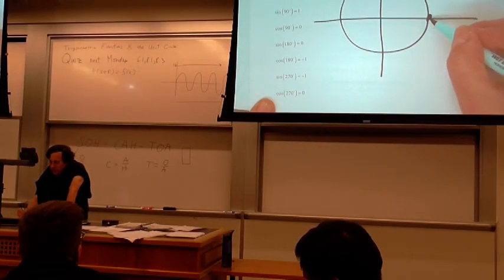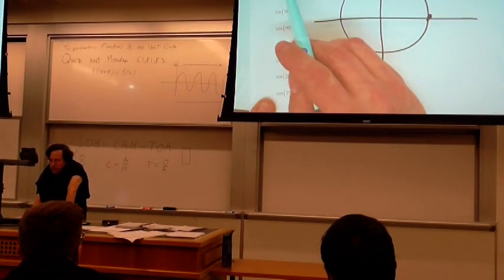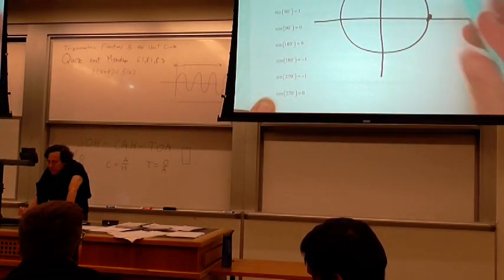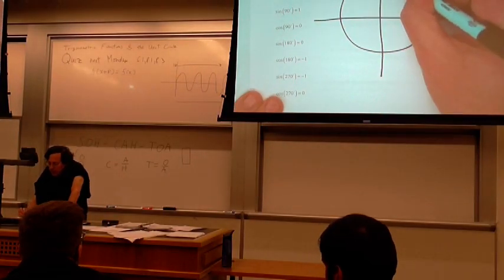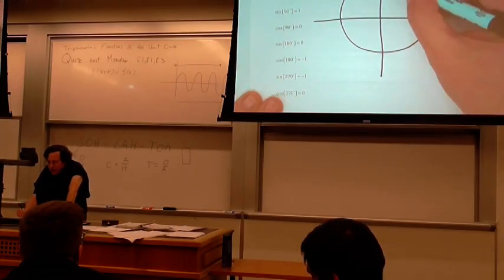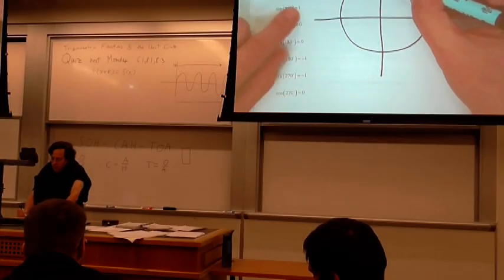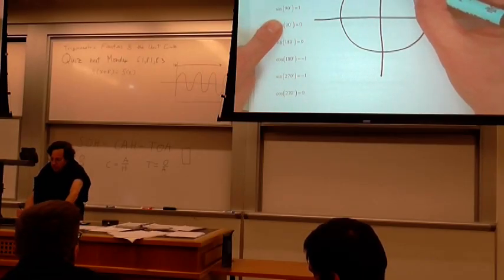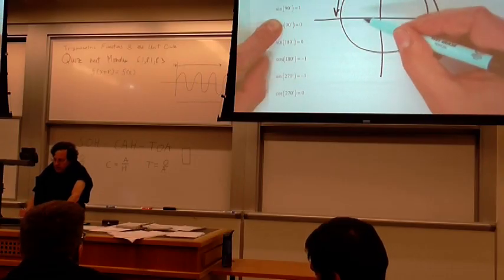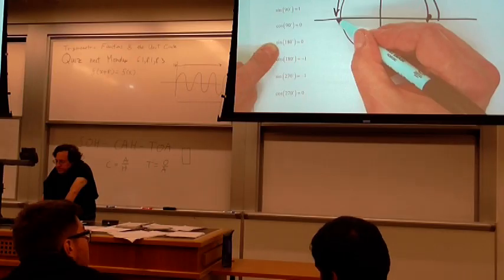And the second coordinate, the y-coordinate, is now 0. So we now have sine of 0 is 0, cosine of 0 is 1. We come up here to 90 degrees. Now we're on the y-axis. The sine has now become 1, and the cosine has become 0.